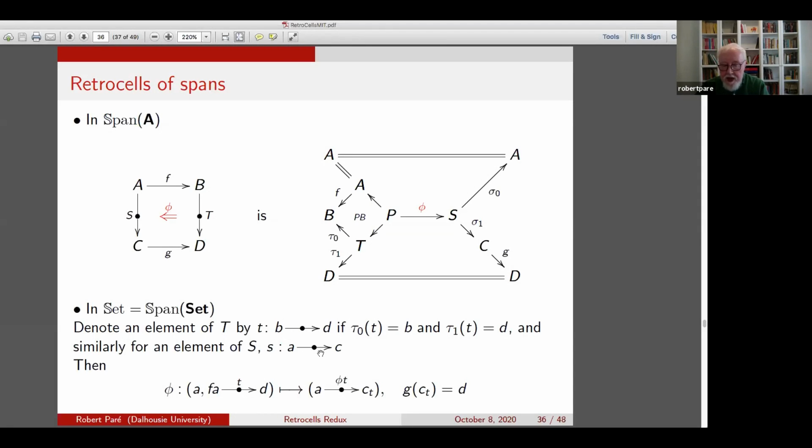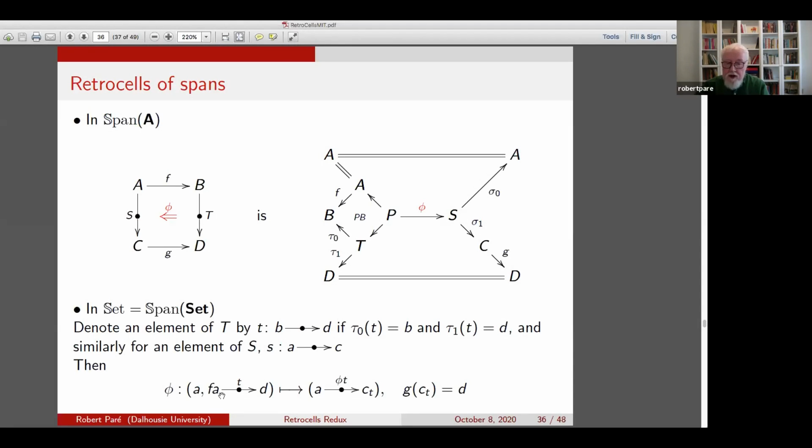And the same thing for S. Then what a retrocell does is it will take an A here. An element of P is an A and a T, and F of A, T maps into F of A. So it looks like this.